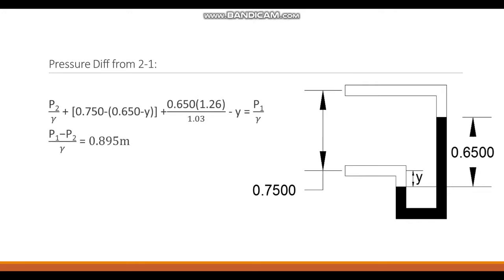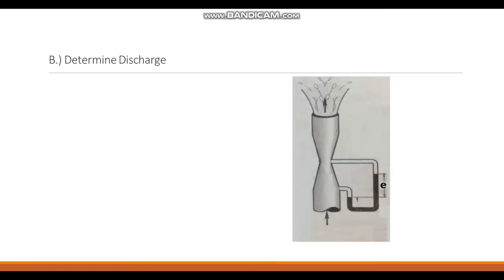We obtain the equation P sub 2 over unit weight plus 0.750 minus 0.650 minus y plus 0.650 times 1.26 over 1.03 minus y equals P sub 1 over unit weight. Transposing P sub 2 over unit weight to the right side, we can compute for the difference of pressure, which is equal to 0.895 meters.